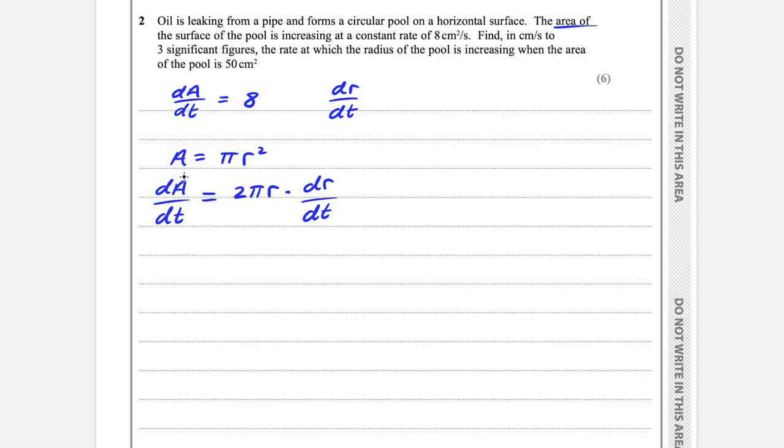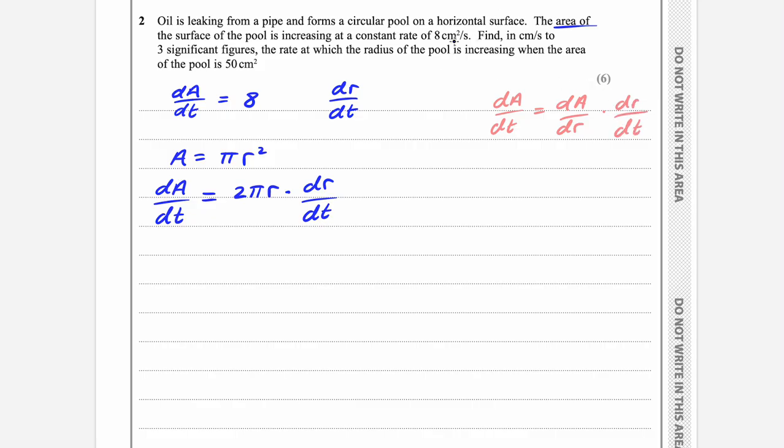If I was getting dA/dr, it would just be 2 pi r, but it's dA/dt, so it's 2 pi r, the derivative with respect to r, times dr/dt. Let me write it here: dA/dt is dA/dr times dr/dt.